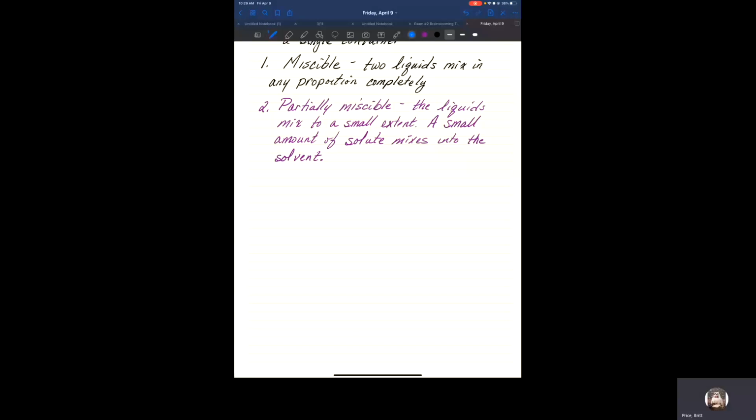The third one, we're going to reach a point where so little of the solute goes into solution, we might as well say none of it goes in. And that's what we call immiscible. So immiscible simply refers to two liquids that do not dissolve.